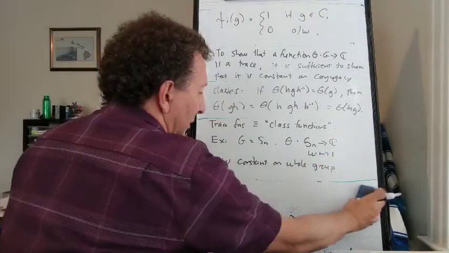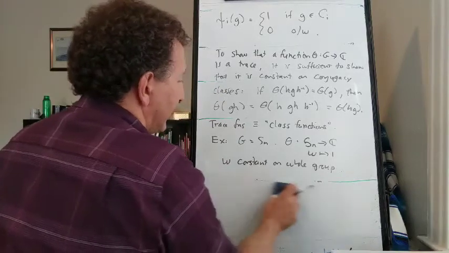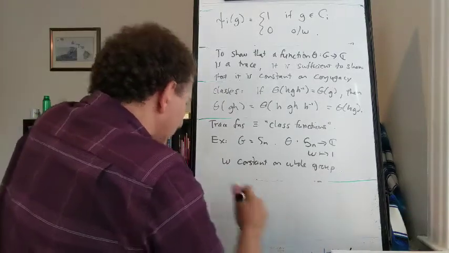As another example, we could let theta be the sign of a permutation.